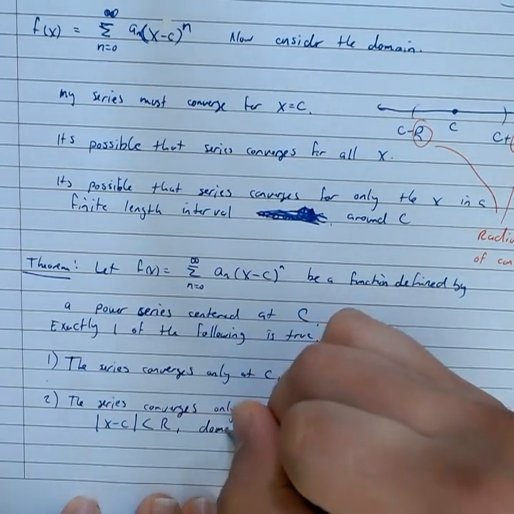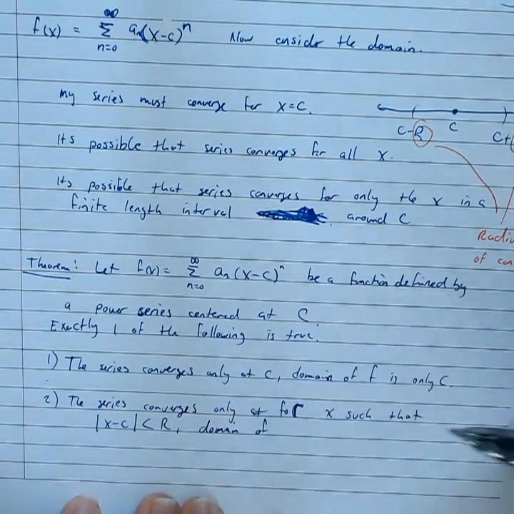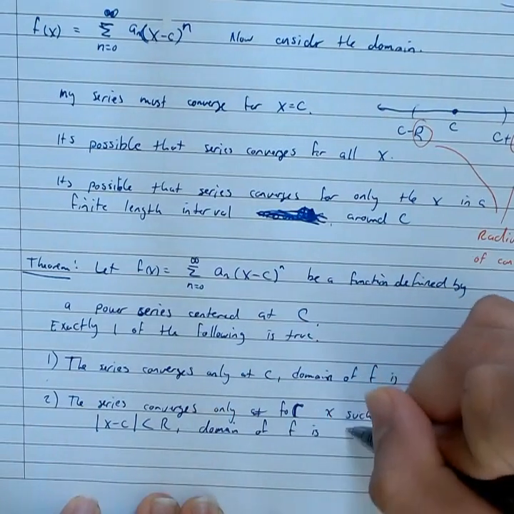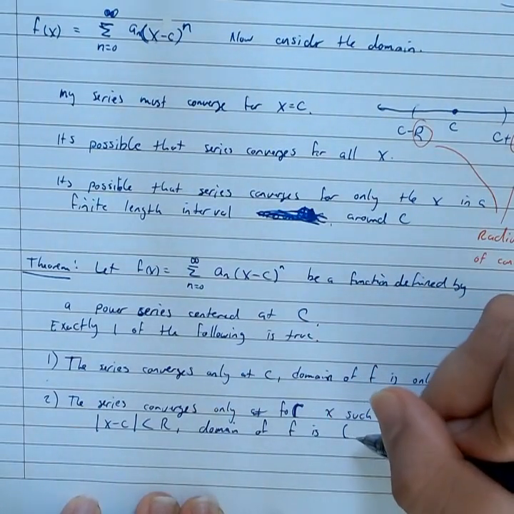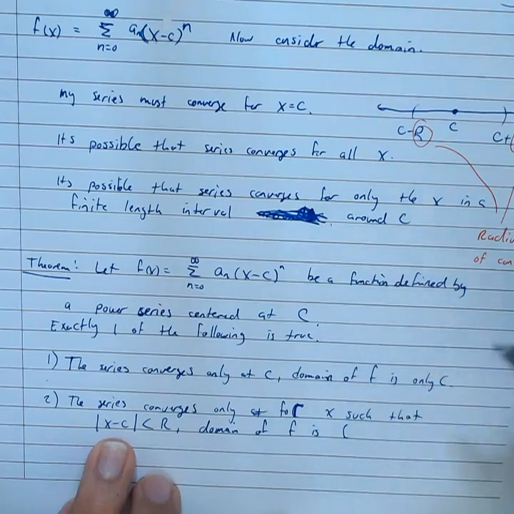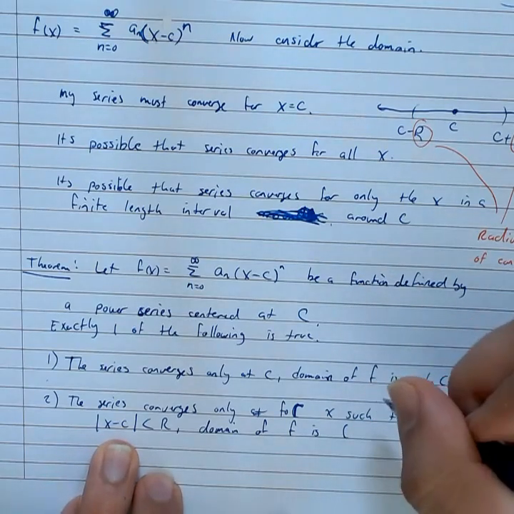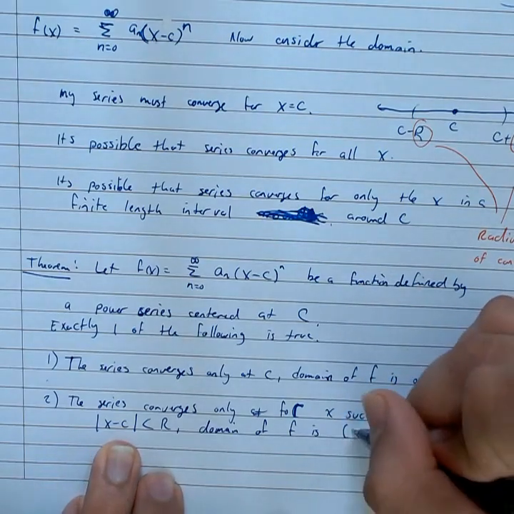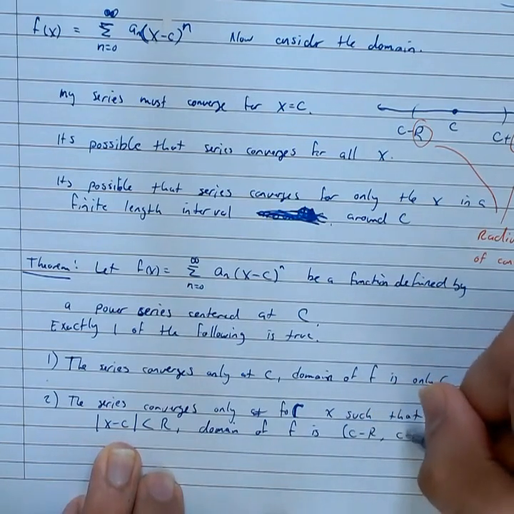In other words, the domain of f is, I guess that would be from minus r to, yeah, so that would be c minus r to c plus r.